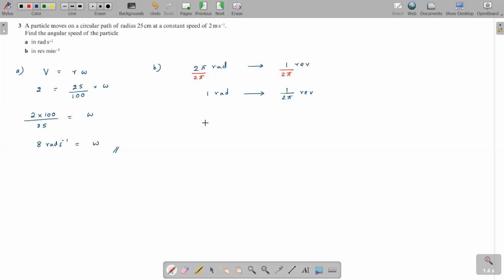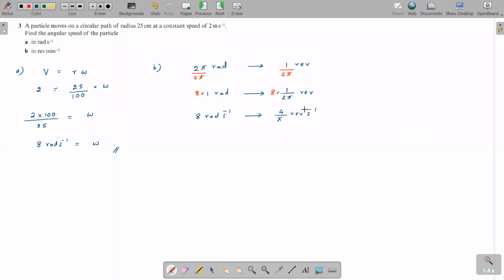And then so now I want 8 radians, so I'll multiply by 8. Omega is given as 8 radians per second. So 8 over 2 pi is 4 over pi revolutions per second.